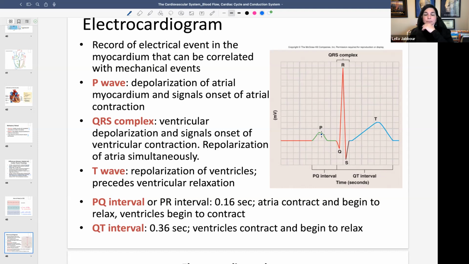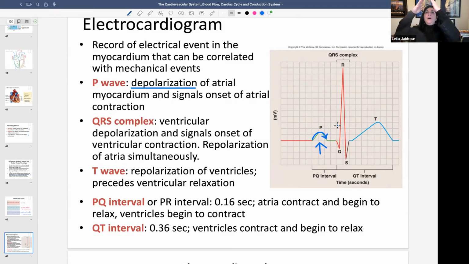So here you see a bump right here, which we call the P wave. And this bump is a depolarization and only a depolarization. So when the atria depolarizes, when they go into systole, we see on the graph a bump. So not only is it going up, but it's also going down like this. And you might ask, why is it going back down?